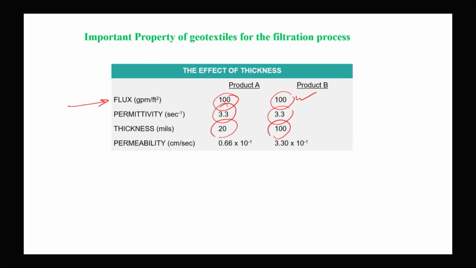Now, the problem comes when we use the permeability by using the thickness value, then we get altogether different permeability values. So this permeability value is actually not reflecting the flux which is actually used in the design.